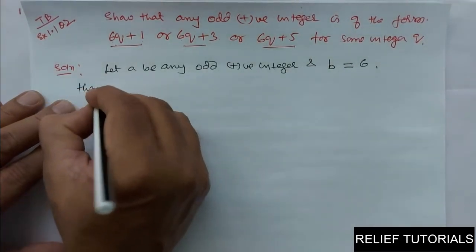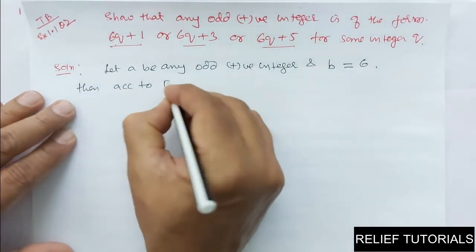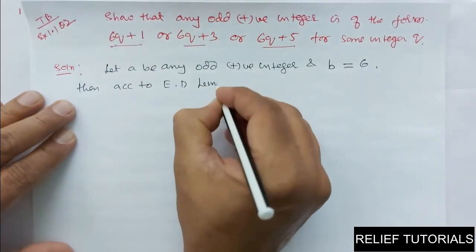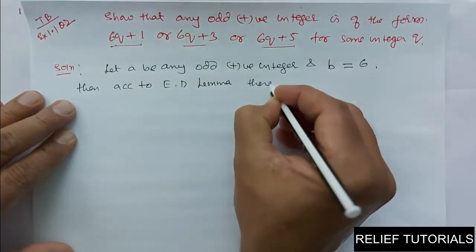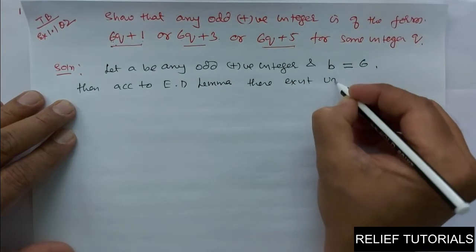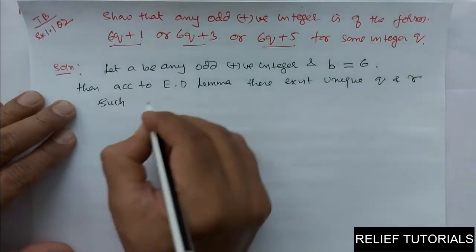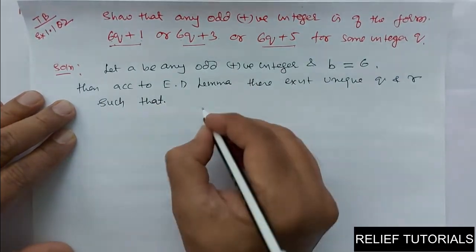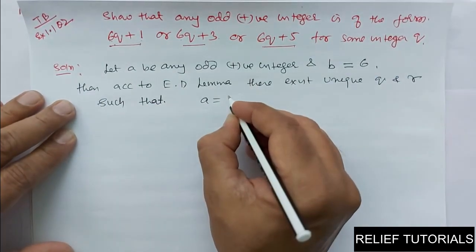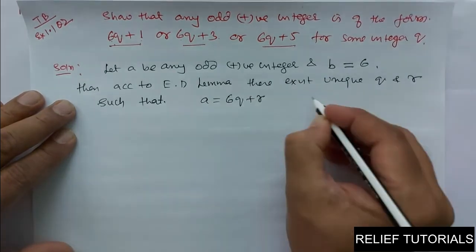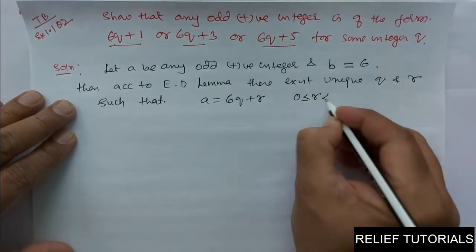So then according to Euclid division lemma, there exist unique q and r such that A is equal to bq plus r, that is 6q plus r, and r is greater than or equal to 0 and less than B.